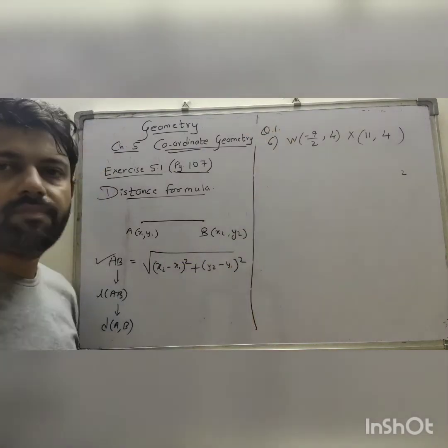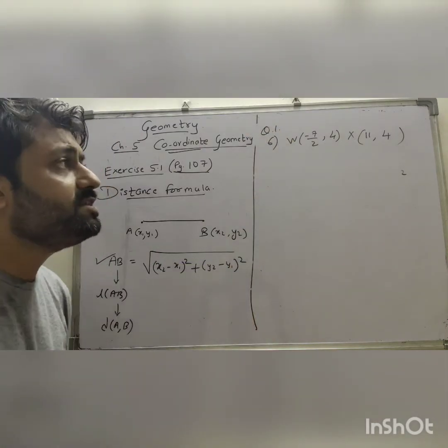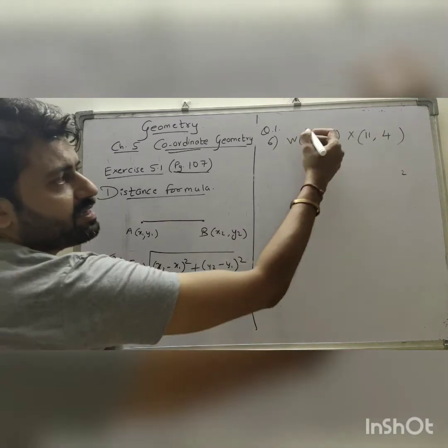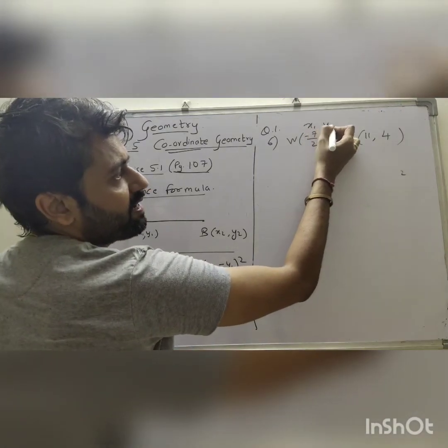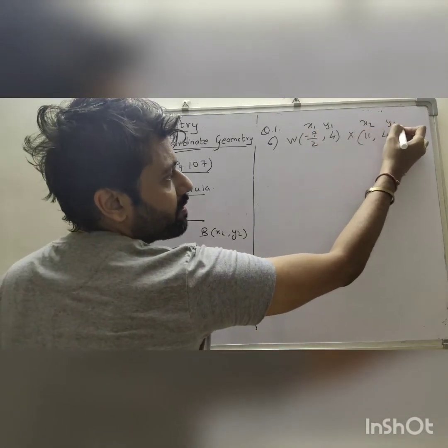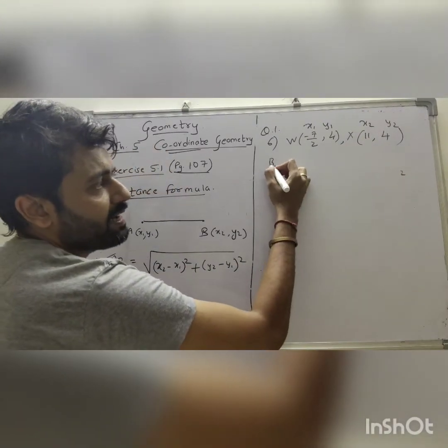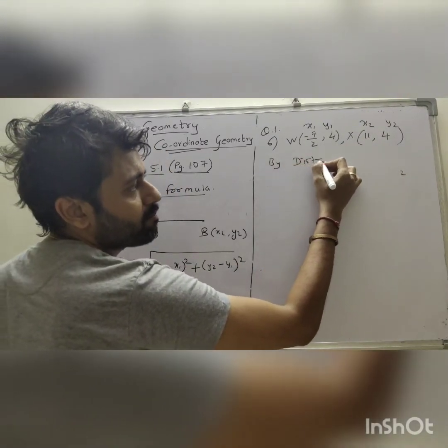The sixth sum from question number 1. The points are W and X. Yes sir. Write x1 y1, write x2 y2, by distance formula.